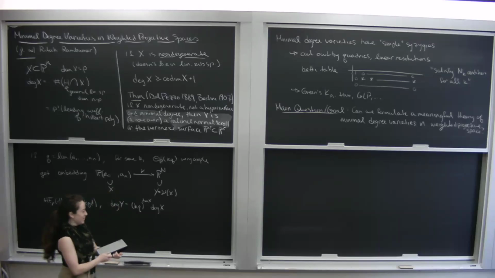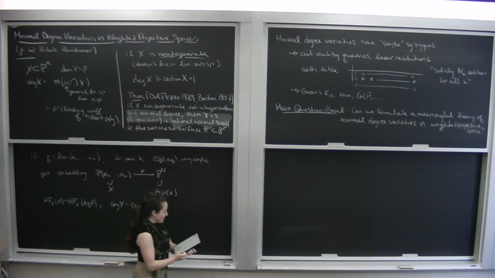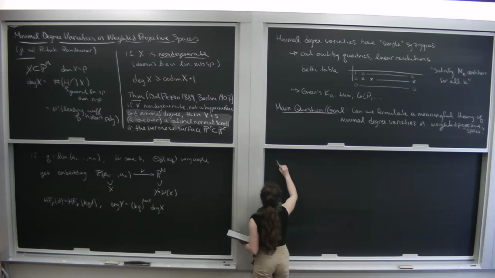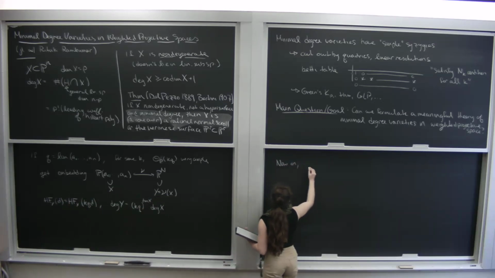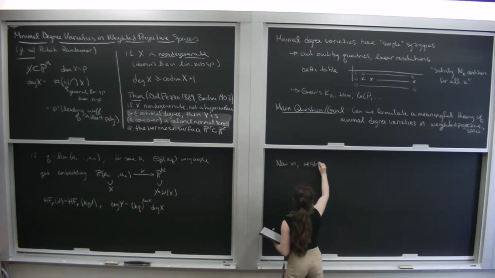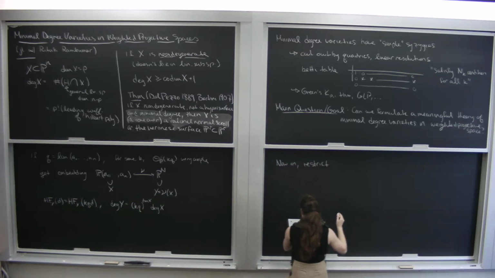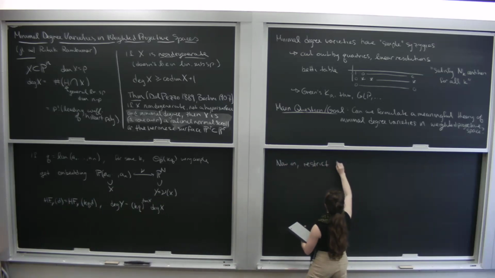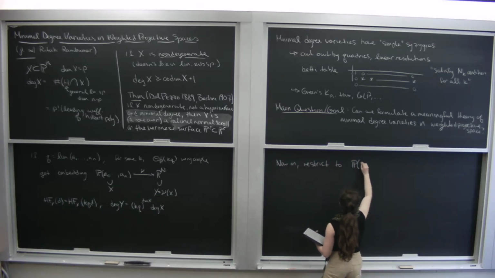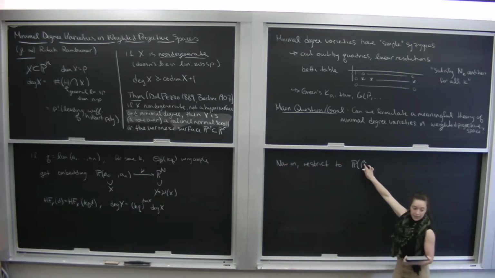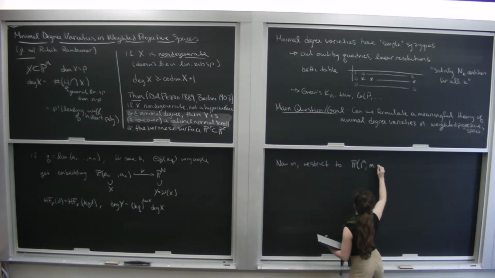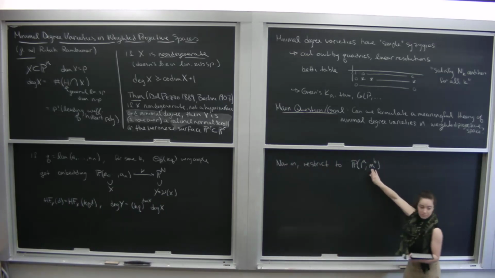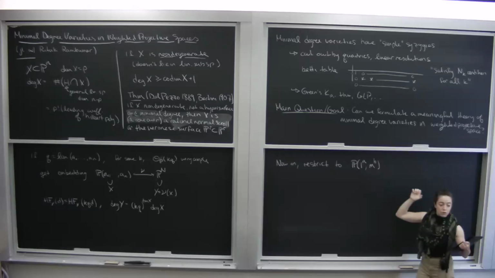So from now on we're going to restrict to weighted projective spaces where there's a bunch of ones: I have A ones in the weights, and B of some other thing. Okay, so I've narrowed down a lot.